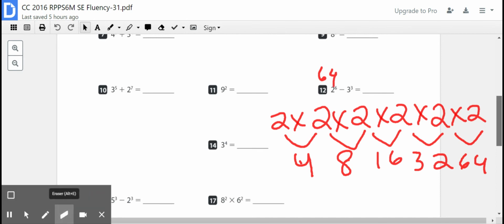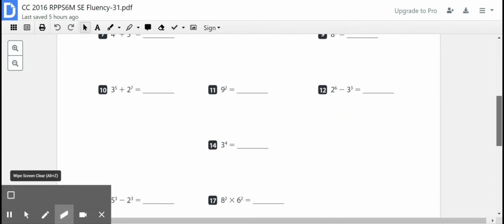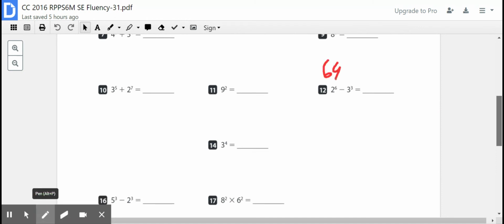And then if you remember from problem 3, we did 3 to the 3rd, and we said that was 27. And now, instead of adding or multiplying our two numbers for our second step, we will be subtracting them. So our subtraction problem is going to be 64 minus 27.